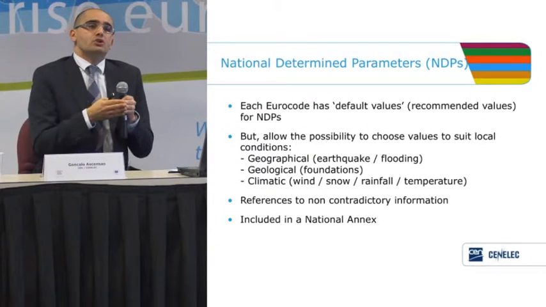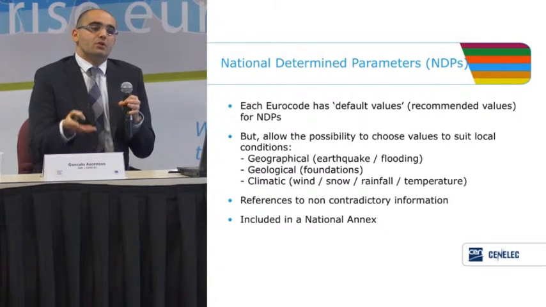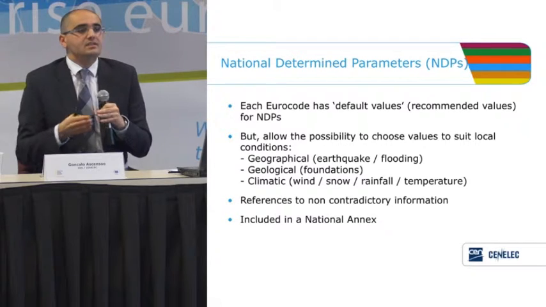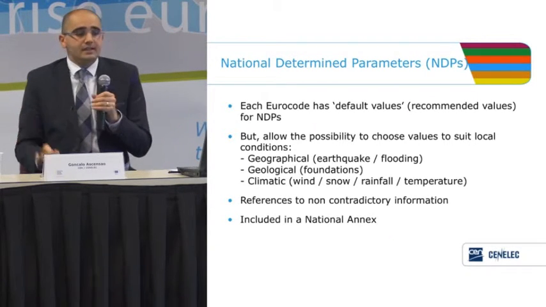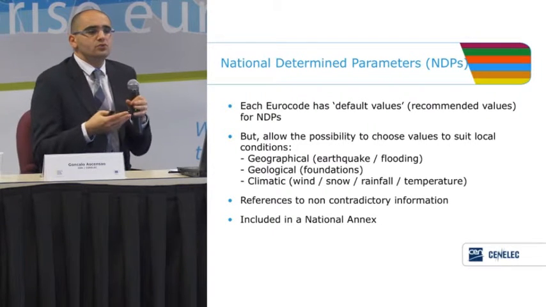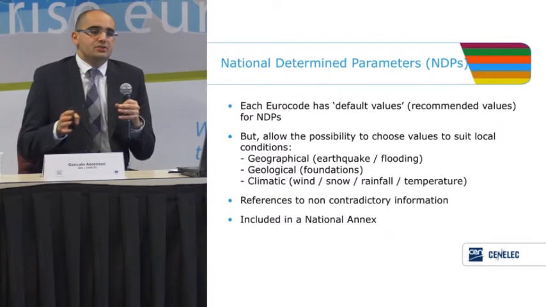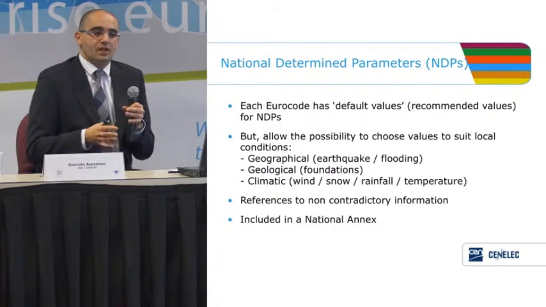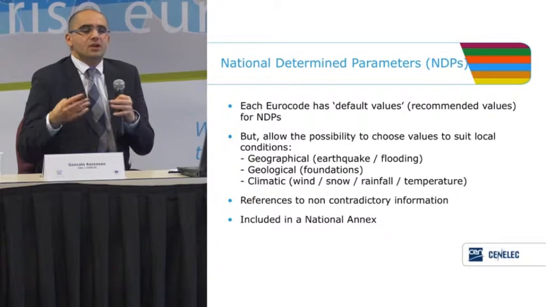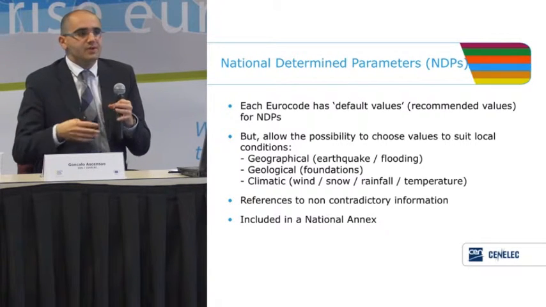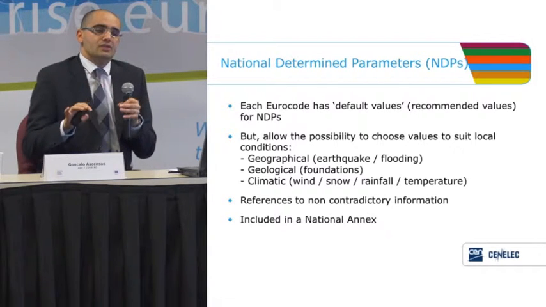So usually it is the national regulations that impose these values. So they have to be specific in the several countries. But some of them also allow divergence on geographical, geological or climatic aspects. And we may also have supporting information for the use at national level. And they are all in a national annex.